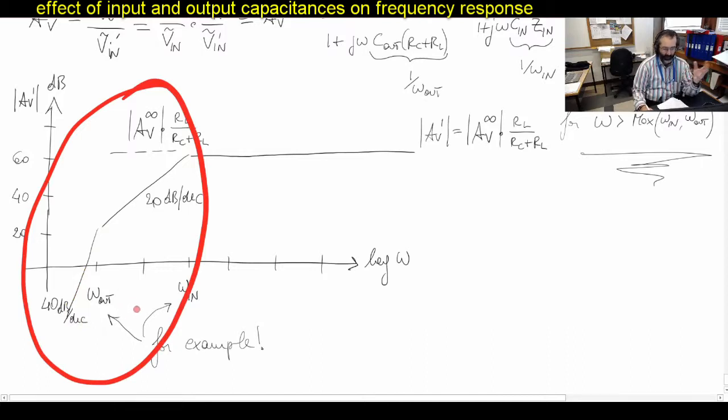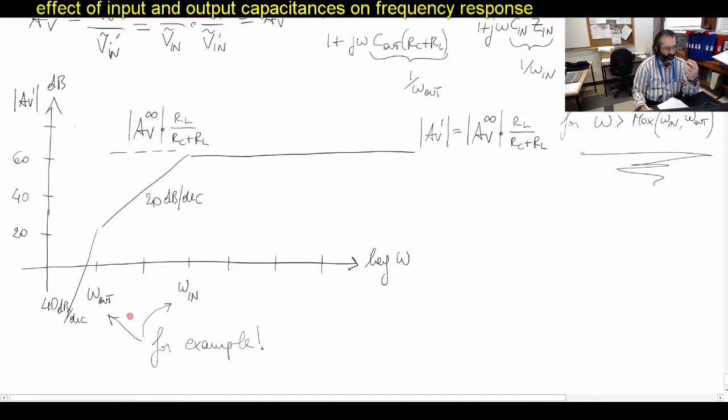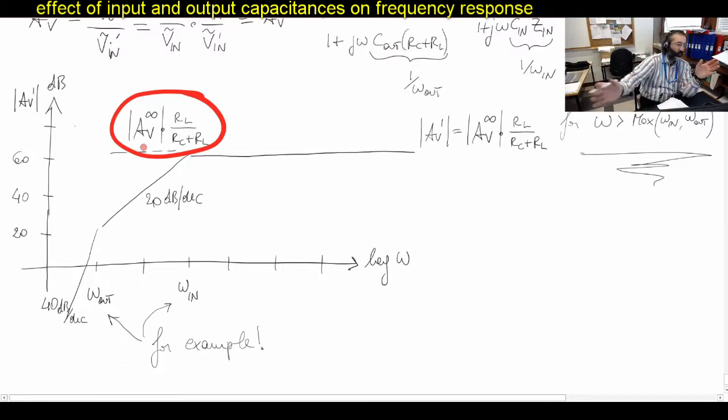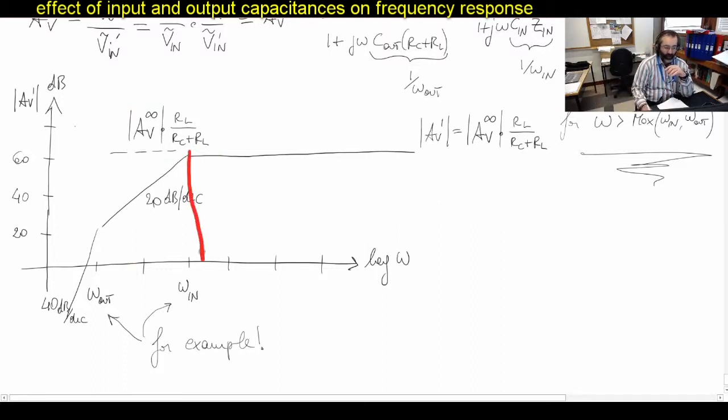This shows you the importance of choosing C in and C out properly to make sure that the response of the amplifier will be the one that you expect, for example this one, for the frequencies that you want. As you can see, above omega out and omega in, the response of the filter is effectively constant.